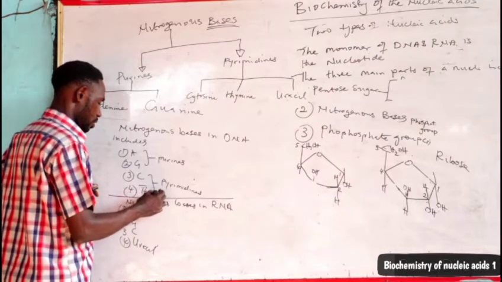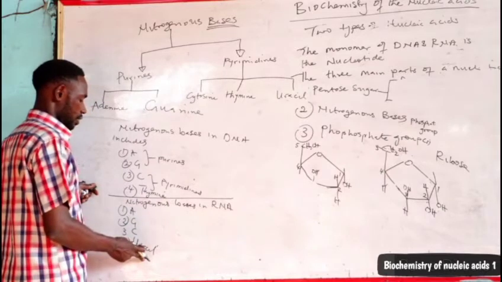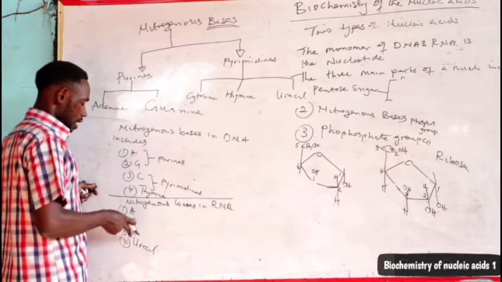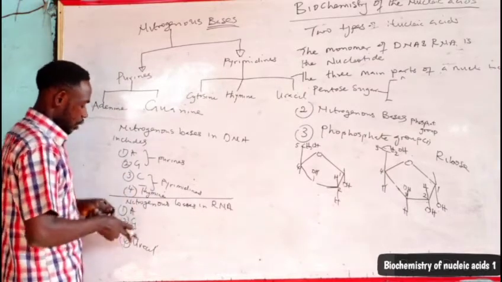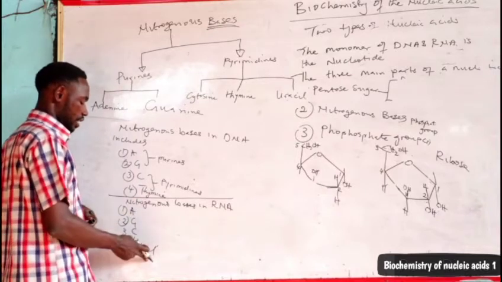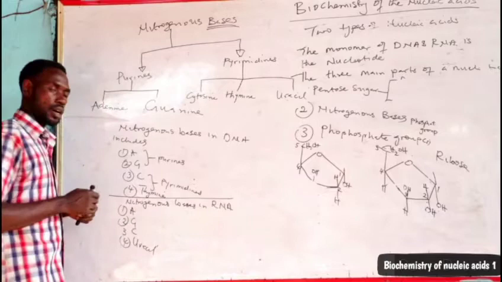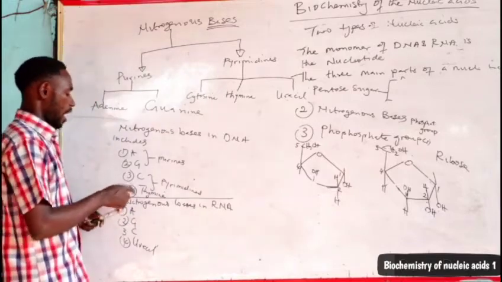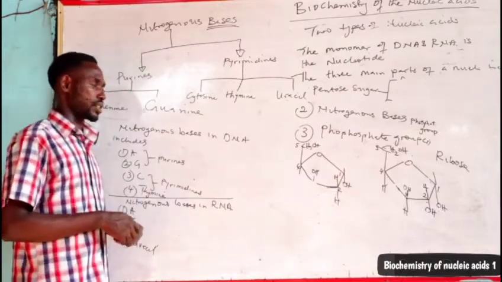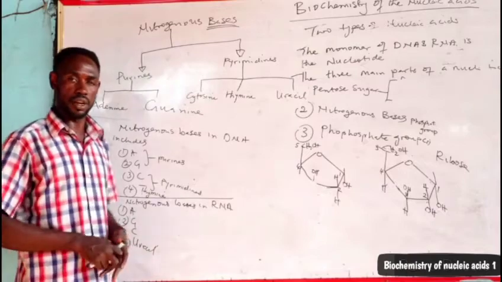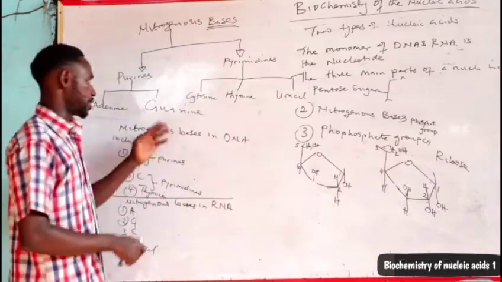When it comes to RNA, thymine is taken over by uracil. But when it comes to DNA, uracil is replaced by thymine. So no nucleic acid has both thymine and uracil at the same time. At least you can now differentiate RNA from DNA based on their bases.